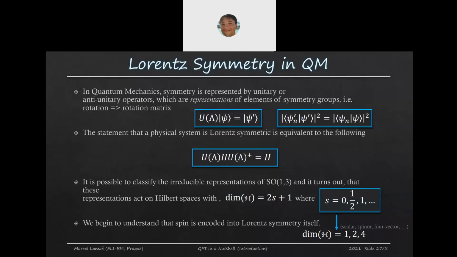You may know that the Pauli matrices are related to spin, and they act on states in the Hilbert space that are two component, but we will see all of that. In fact, we will arrive at these results independently when we start talking about relativistic quantum mechanics. But in this context of Lorentz symmetry, I just wanted to point out that the Lorentz transformations themselves, or specifically their representations, already encode the information about spin.